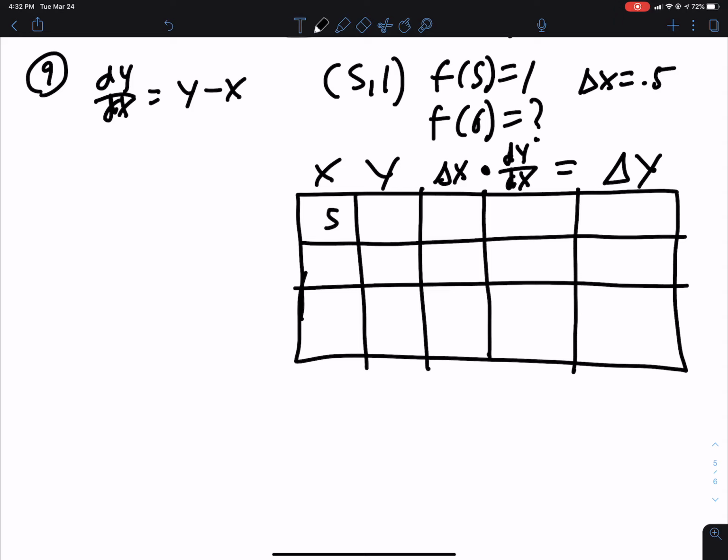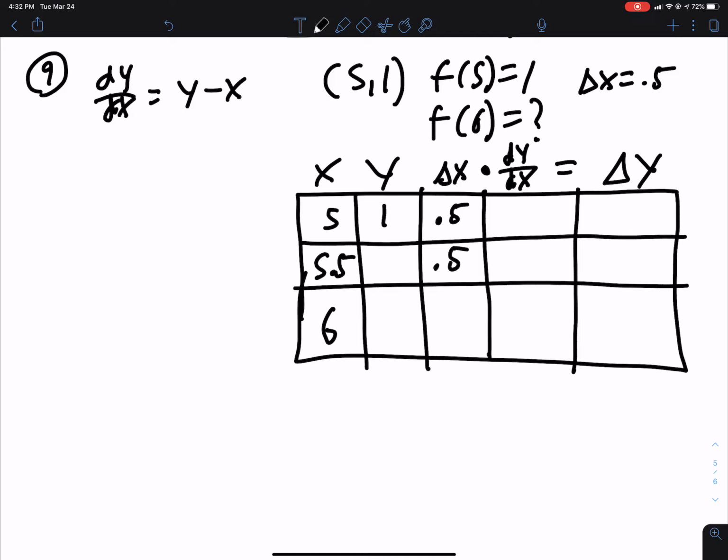So we start with (5, 1) as our starting point. Our delta x is always 0.5, so I'm going to go ahead and fill that in. If you add 0.5 to 5, the next one will be 5.5. And if you go again 0.5, the last one will be 6.